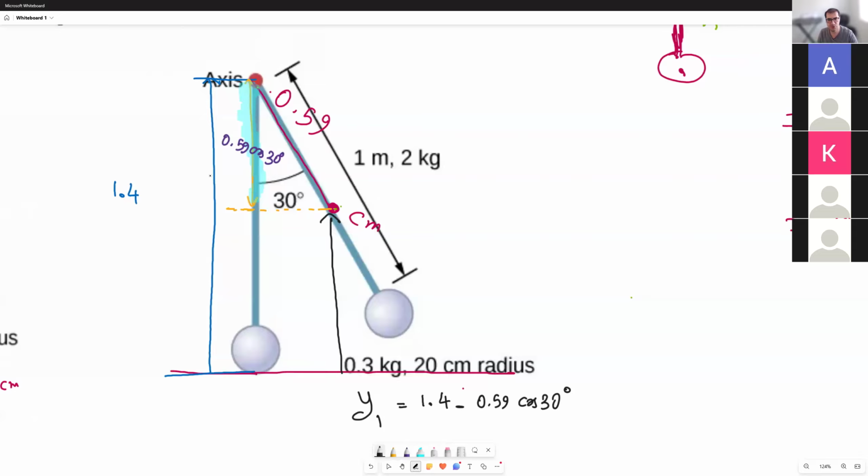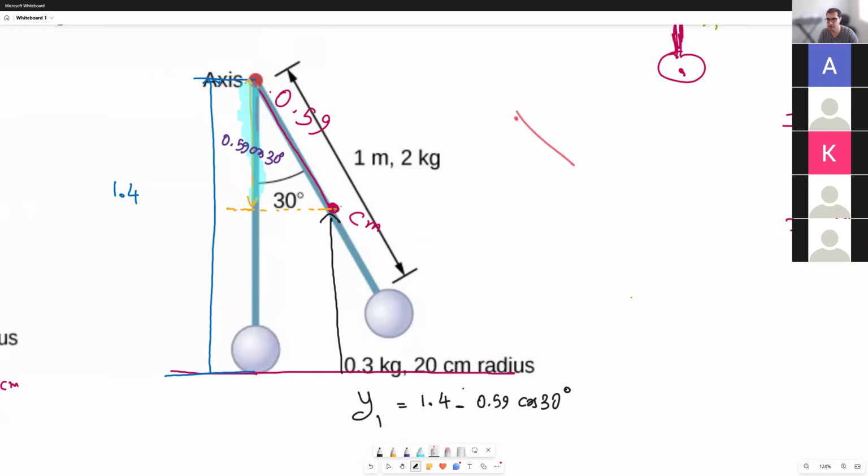Okay. Do you agree that this blue one is 1.4? Yes, Professor. And do you agree that from here to here is 0.59? Yeah, Professor. Then look at this triangle. This is adjacent to angle 30.